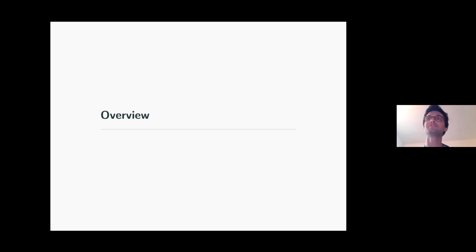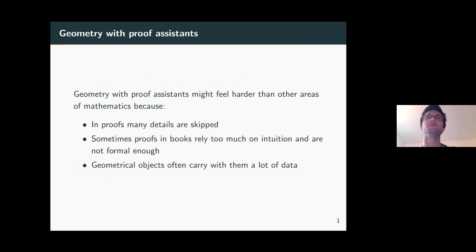I will start by giving you a quick overview of what it's like to do differential geometry with proof systems. Doing geometry with proof systems might feel a little bit harder than some areas of maths sometimes. This is because proofs in geometry might be a little bit more sloppy, and details are often skipped.